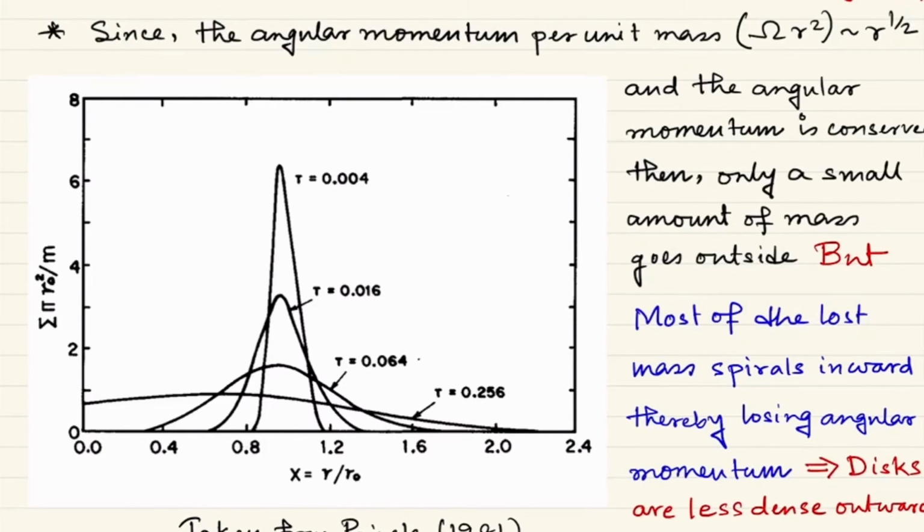You understand, it's simply that A times B is equal to C times D. Now if B is greater than D, then A must be less than C. As simple as that. So if you understand these two aspects of accretion disk dynamics, then this is already a good start. At this point I will stop this discussion, and in the next discussion I will discuss a little bit about the steady disks.